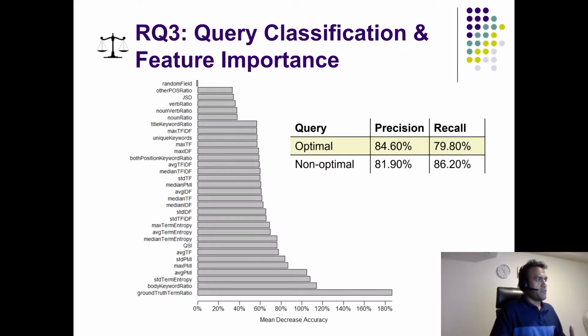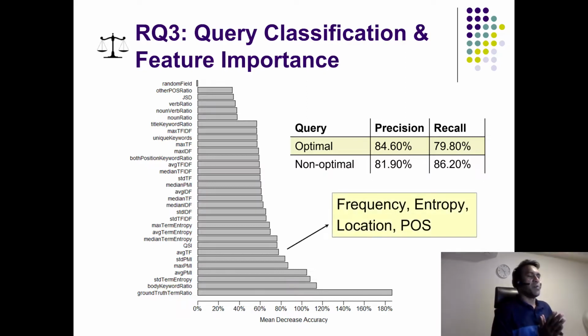And then we did a bit of feature importance estimation from that random forest model. And what we found is that the optimal queries and the non-optimal queries could be very different in terms of their keyword frequency, then term entropy, then the keyword location, as well as their parts of speech.